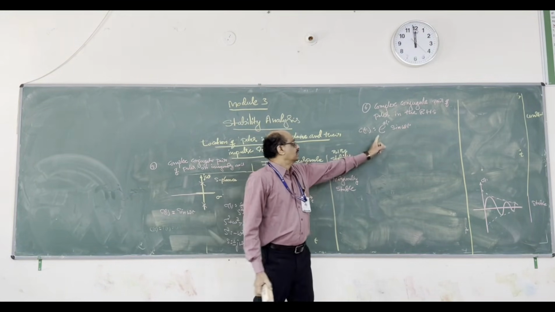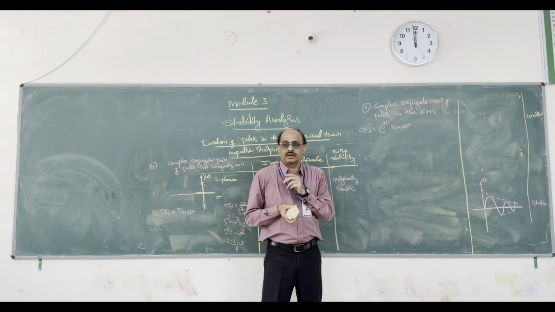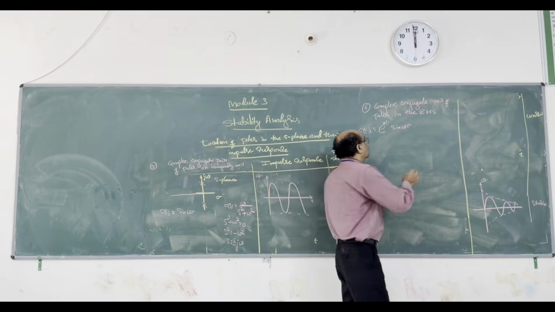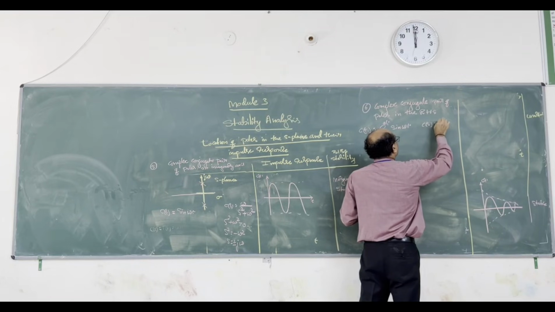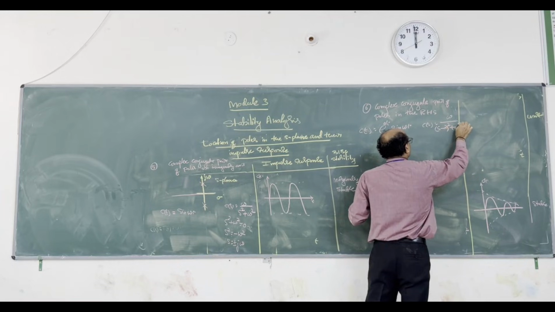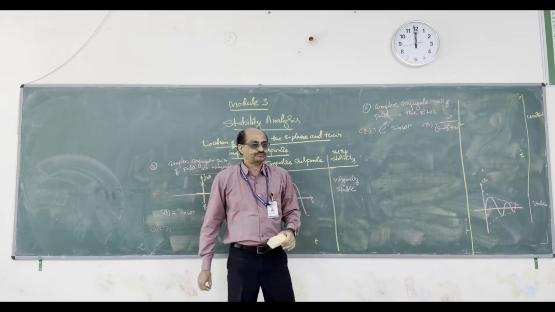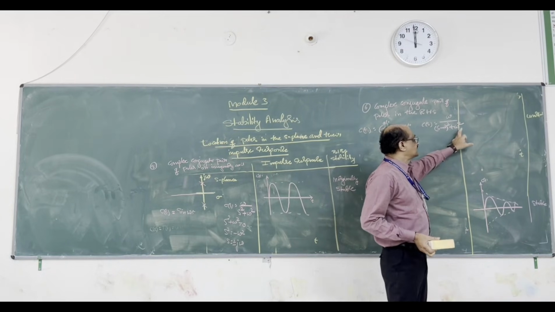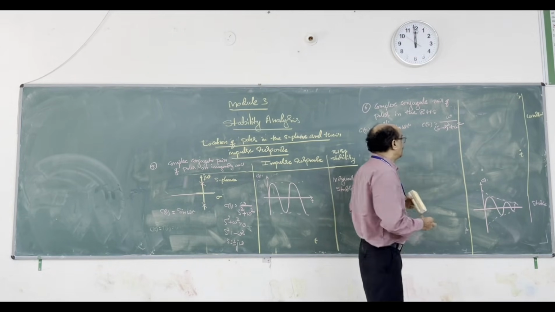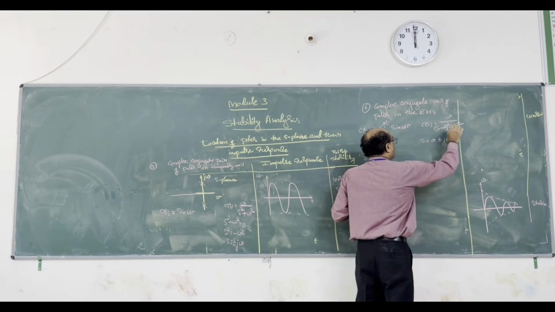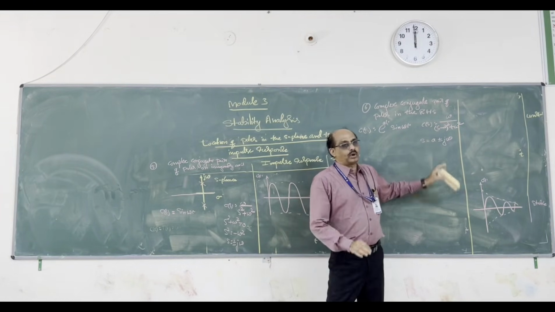Remember, it is very interesting, the real part is now positive. C(s) is omega over (s minus a) whole square plus omega square. Equating the denominator to 0, s is a plus or minus j omega, the two roots with a positive real part.